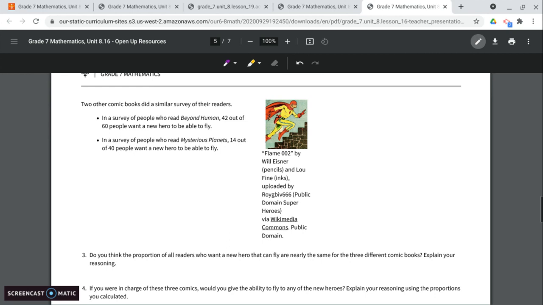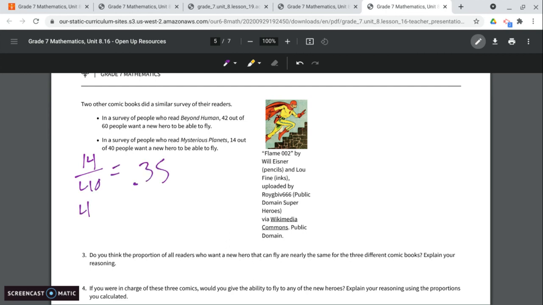The proportion for Mysterious Planets seems pretty close to that of The Adventures of Super Sam. It's almost doubled, just slightly under, but not for Beyond Human. If we take 14 and divide it by 40, we get 0.35.